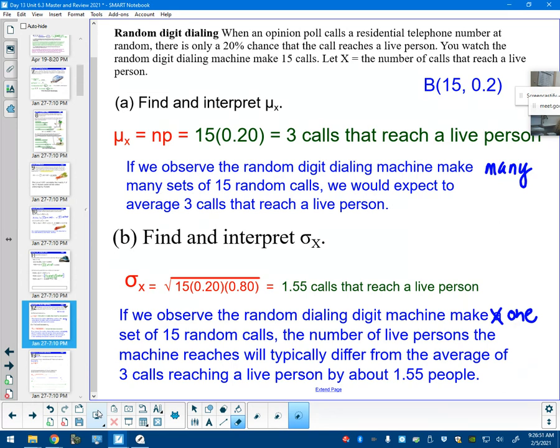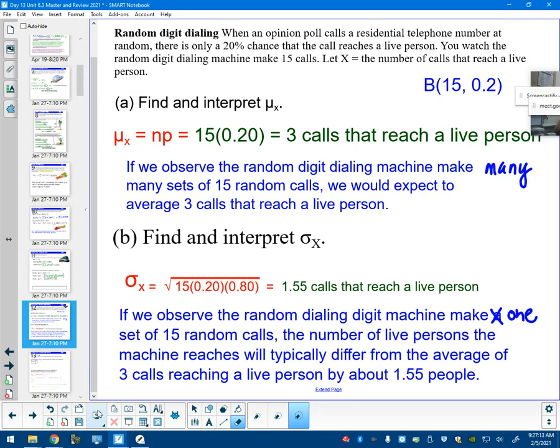You shouldn't say if many, many calls are observed. No. If many, many sets of 15 calls are observed, then you would expect 3 of them to reach a live person, because it doesn't make sense to say if you observe many, many calls, you would expect 3 live people.